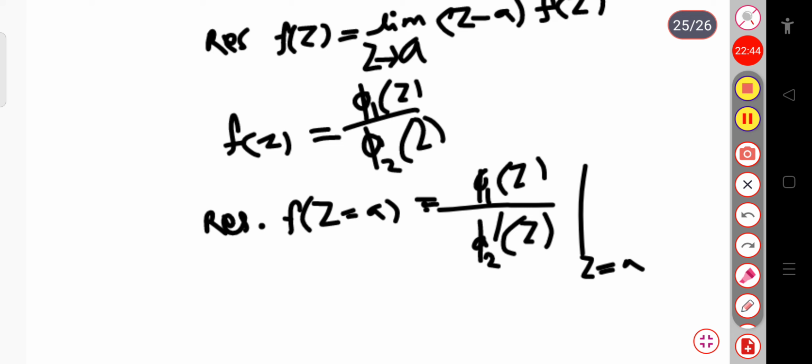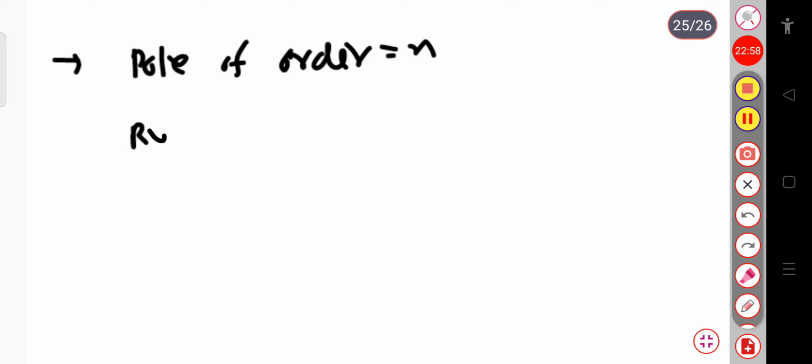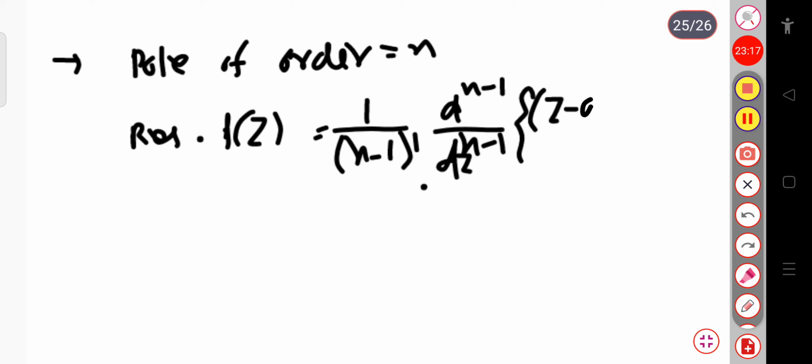Now if we want to calculate the residue at a pole of order n, for that case the residue of the function f of z is equal to 1 by (n minus 1) factorial times the (n minus 1)th derivative with respect to z of (z minus a) power n into f of z.